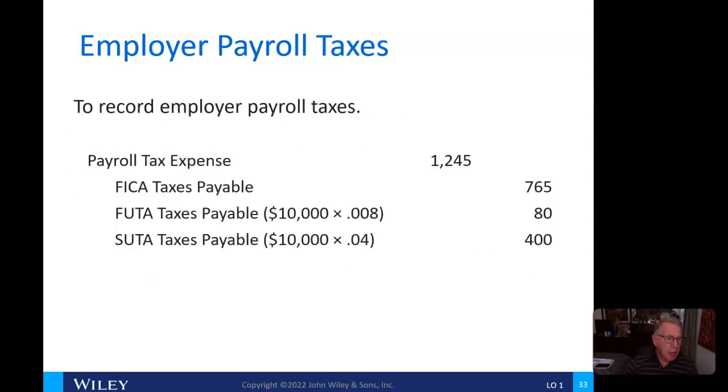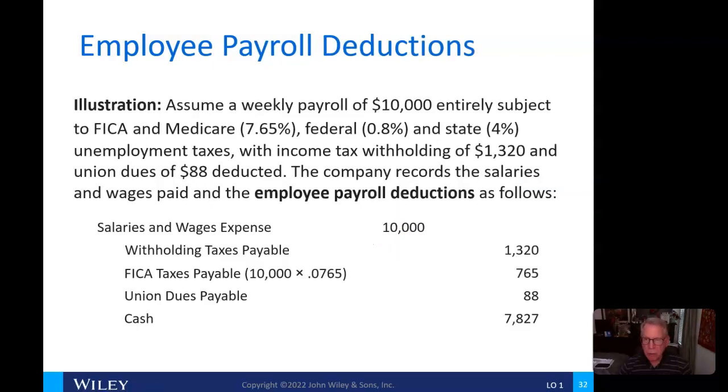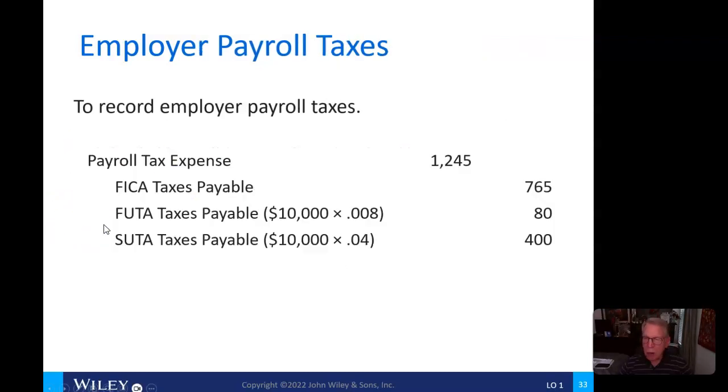Now, you aren't done. The employer has some payroll taxes to expense too. So in this case, we're not going to call it wages expense as we did here, salaries and wages expense. Here, we're going to call that payroll tax expense, and it's $1,245.